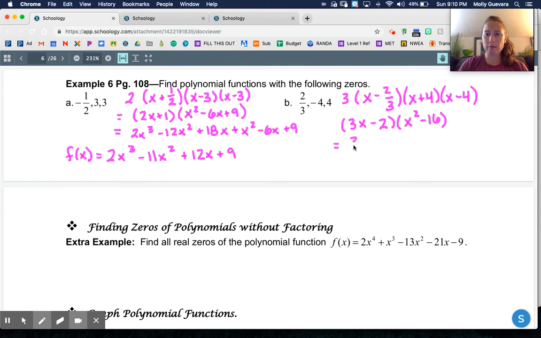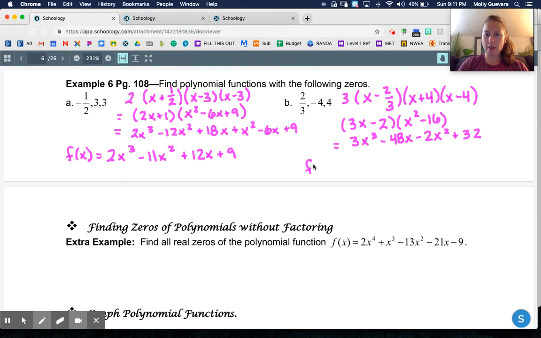So I have 3x cubed minus, oops, I need to just write 16. 3 times 16 is 48, so 48x minus 2x squared plus 32.